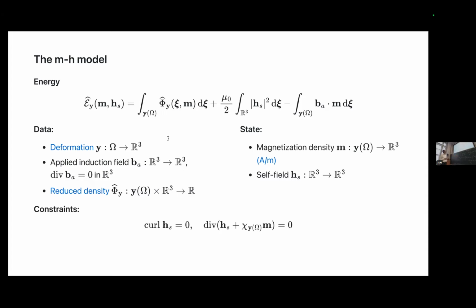So it seems more reasonable to work in the physical space, and this is why I introduced this reduced density. Here I have slightly changed the definition. So here you have mu naught times HA. The product of mu naught times HA is the applied magnetic induction BA. So you can describe the external field either by the applied magnetic field HA or through the applied magnetic induction BA. They are proportional to each other, and they are both divergence free.